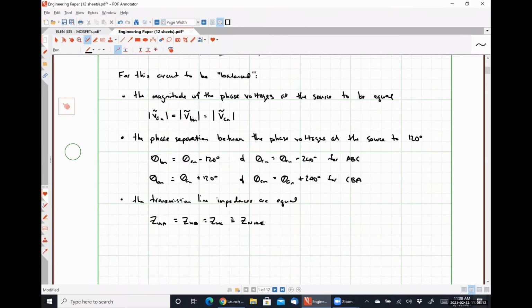But the neutral conductor can be much, much smaller than the transmission lines. The reason for that is we shall see that the neutral line in a balanced system winds up carrying no current whatsoever. It doesn't even physically need to be there technically if your system is perfectly balanced.